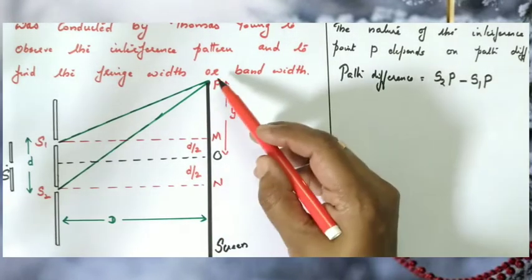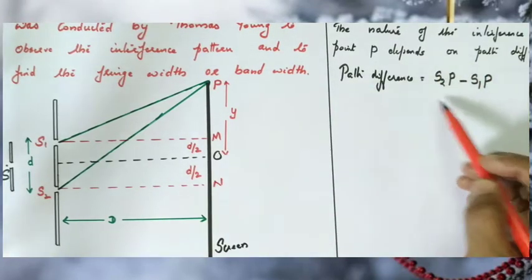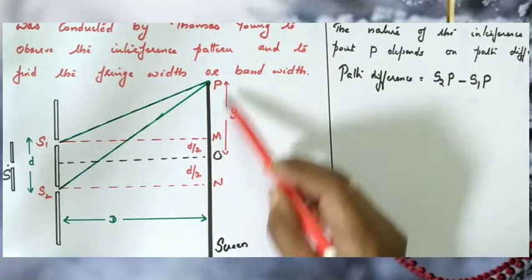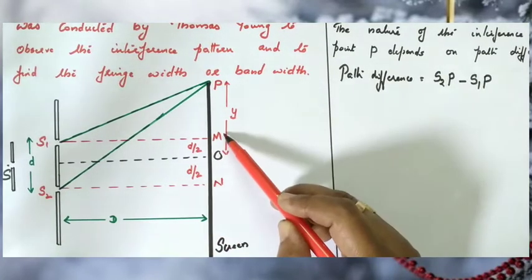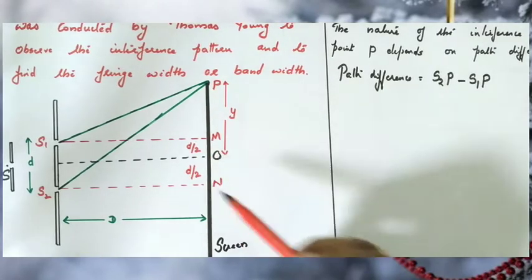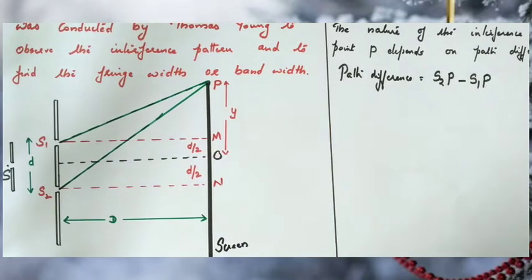So, path difference is S2P minus S1P. In order to find the value of that path difference, we draw a perpendicular from S1 to the screen and from S2 to the screen. Let the points be M and N, with the distance OM equal to d by 2 and the distance ON equal to d by 2.